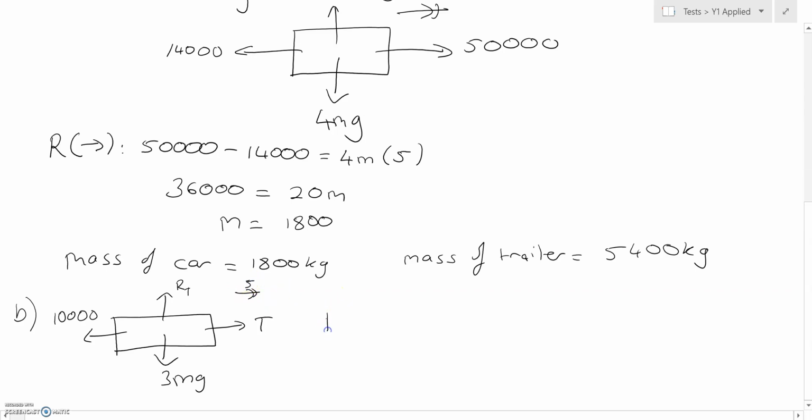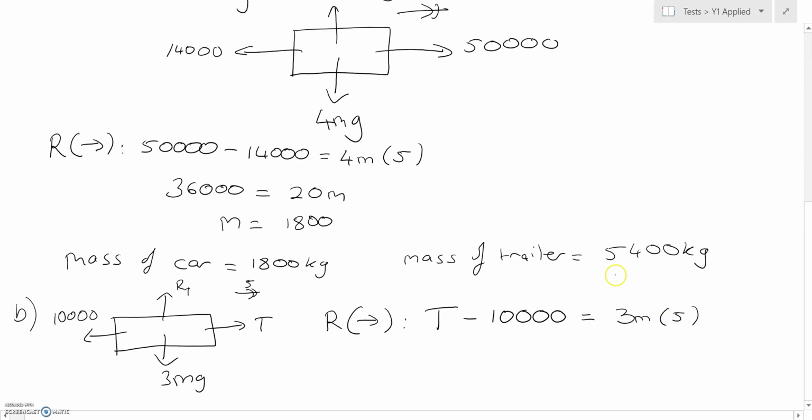So if we look at the resultant force going to the right, that's just T take away 10,000, as that's the force going to the left. And that's equal to, so that's F net, that's our net force, and that's equal to mass, which was 3m, times acceleration, which was 5.